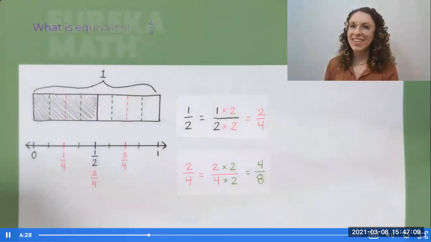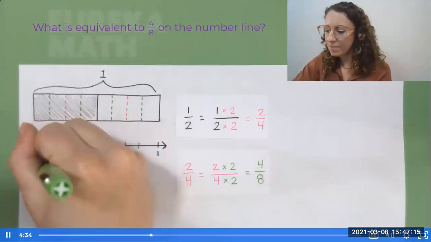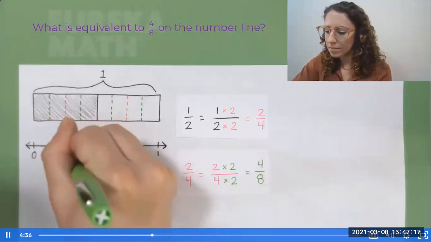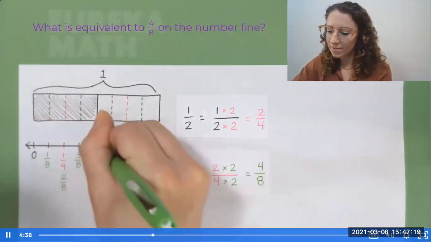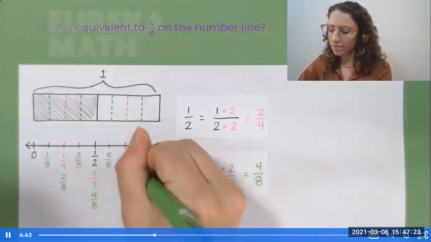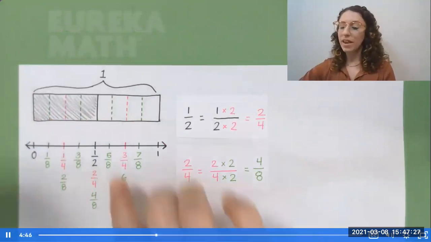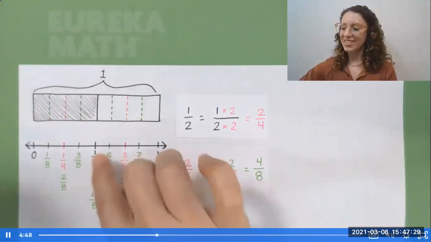What is 4 eighths equivalent to on the number line? It's equal to 1/2 and also to 2 fourths.